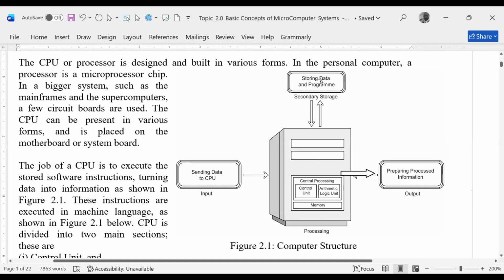One is the storage, which is the hard disk, secondary storage. Then the next one is the central processing unit, which is the CPU here. Then the last one is the memory.